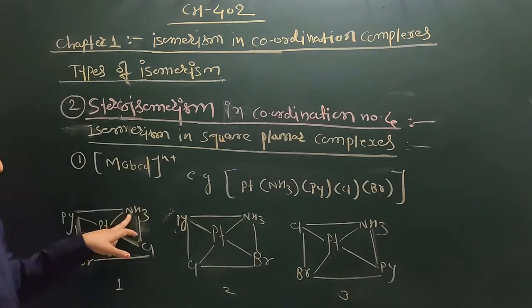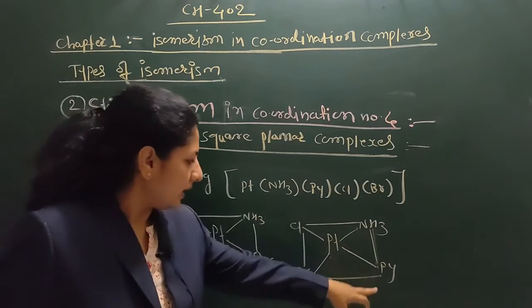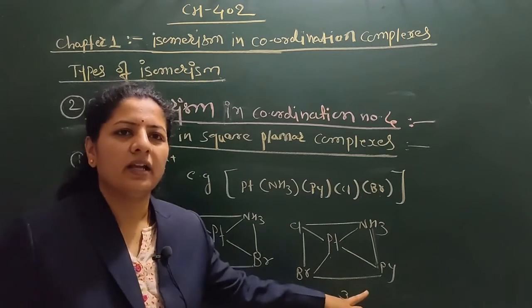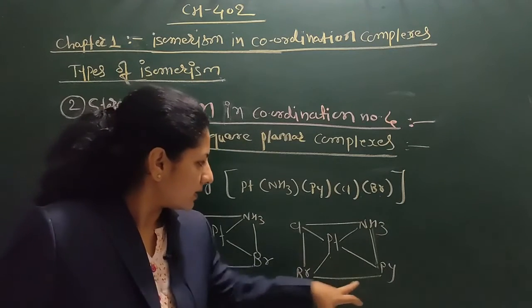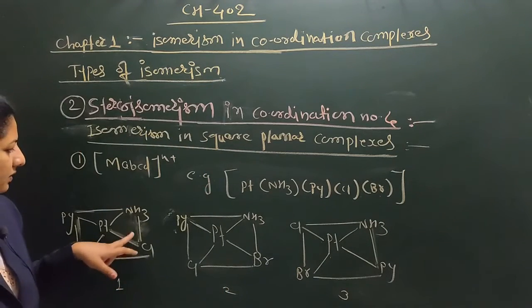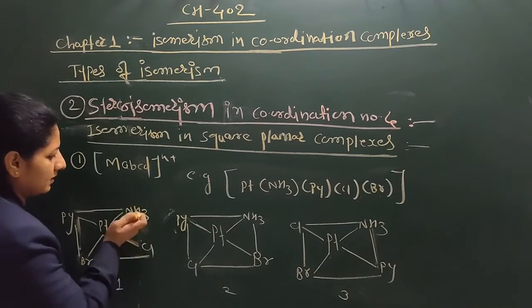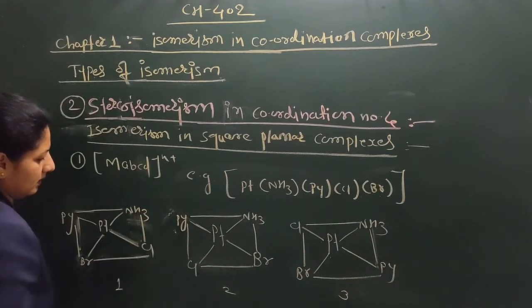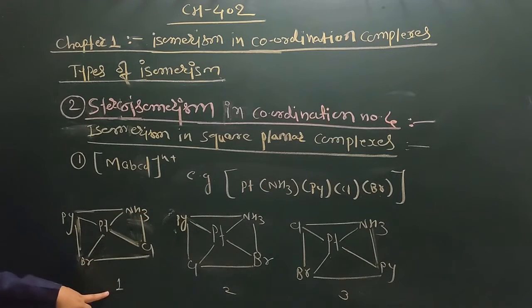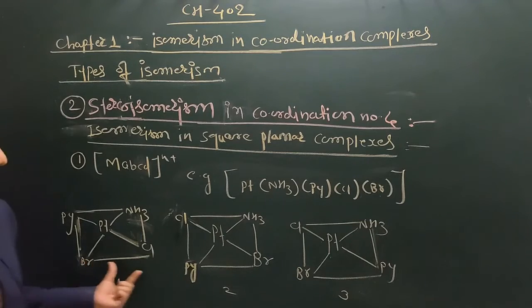Here if you fix the position of ammonia and then rotate the other 3 ligands along this axis, it will give the 3 isomers. So these are the isomers of this type.